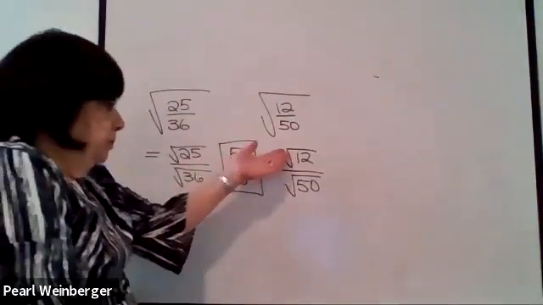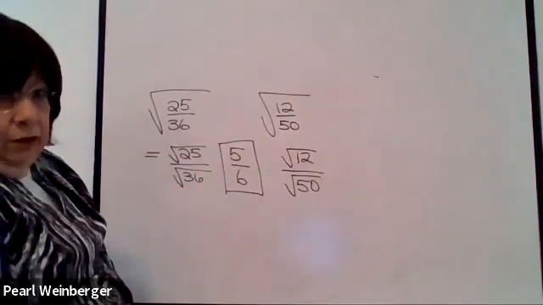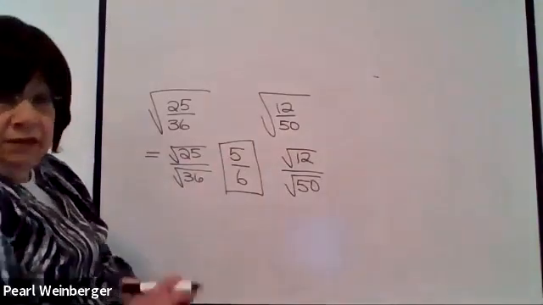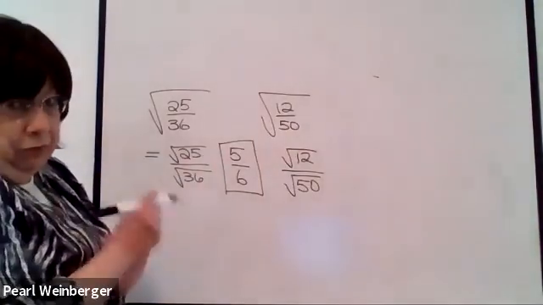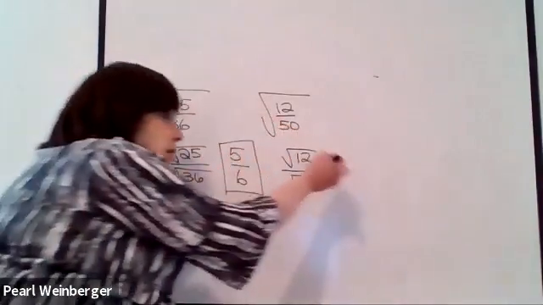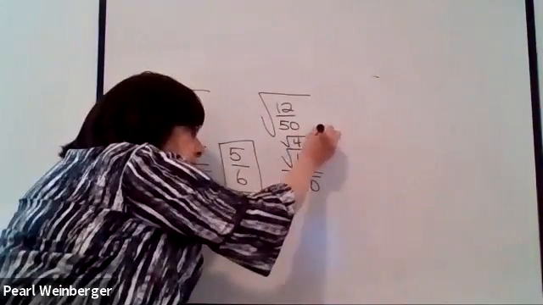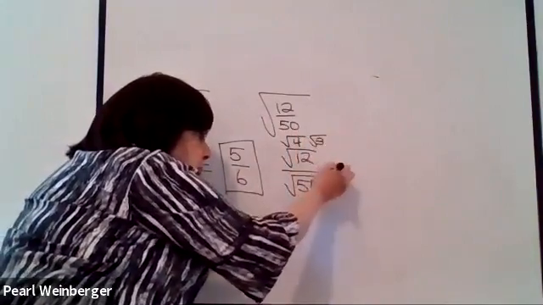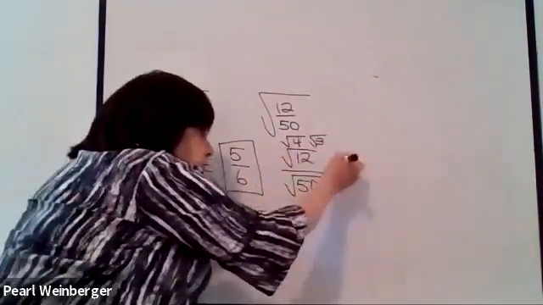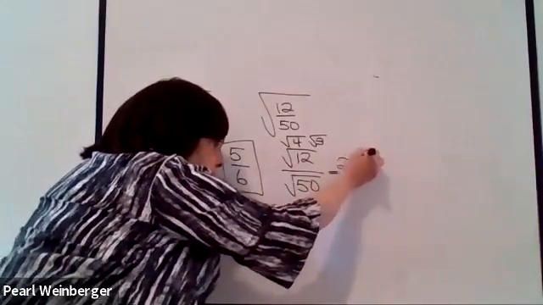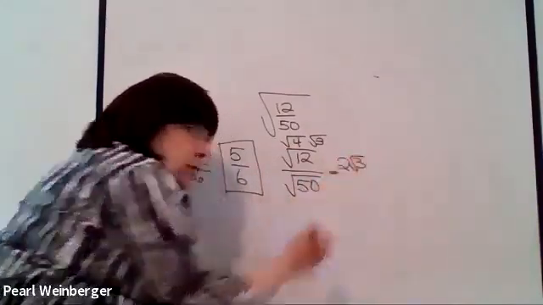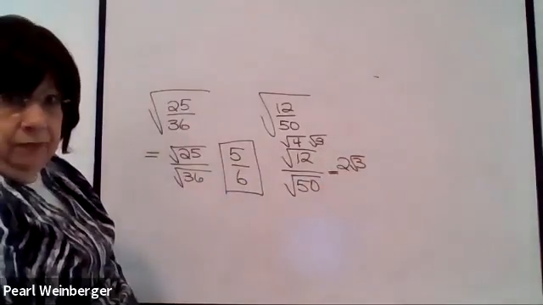Now, 12 is not a perfect square, but I can simplify radical 12. Remember, we learned how to simplify. This we can break up into 4 and 3. So this becomes the square root of 4, which is 2 radical 3. So far, okay?